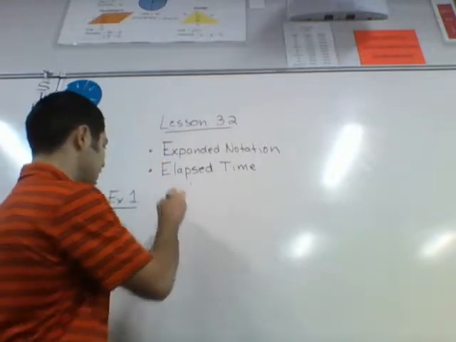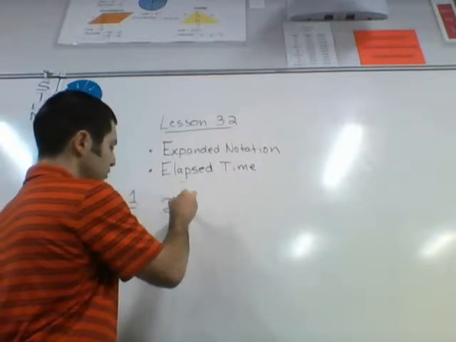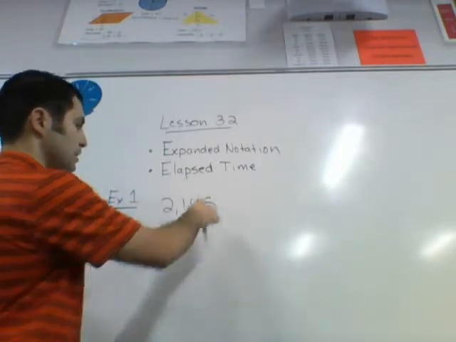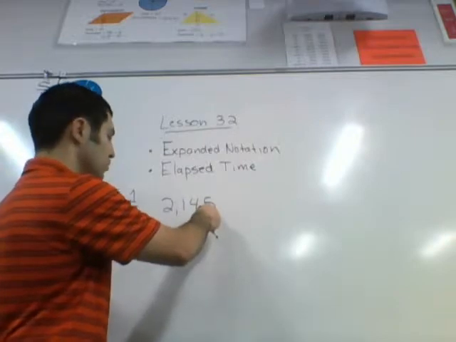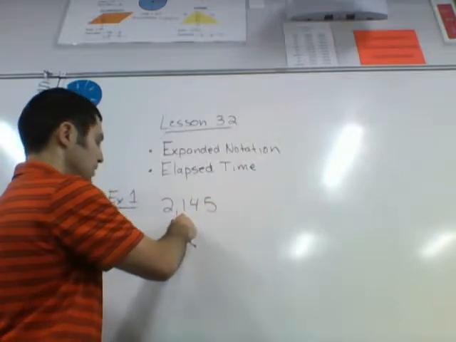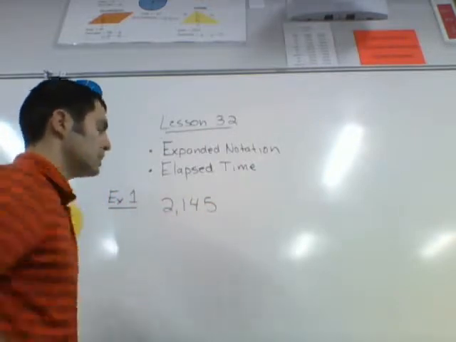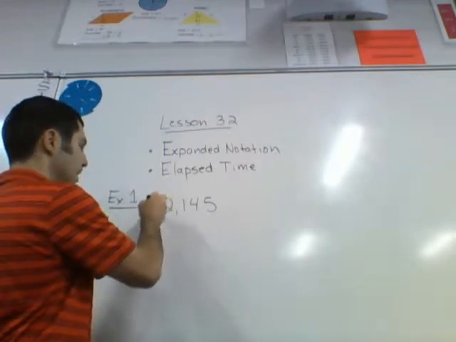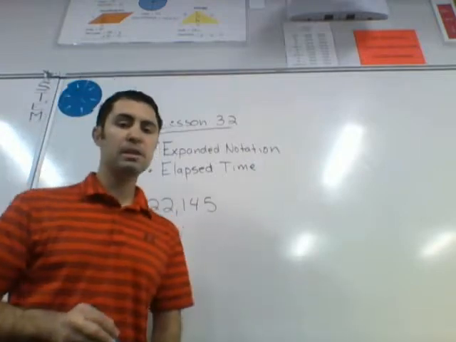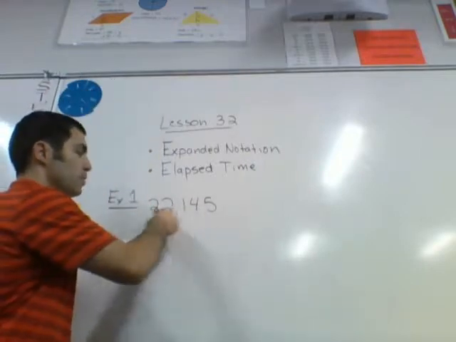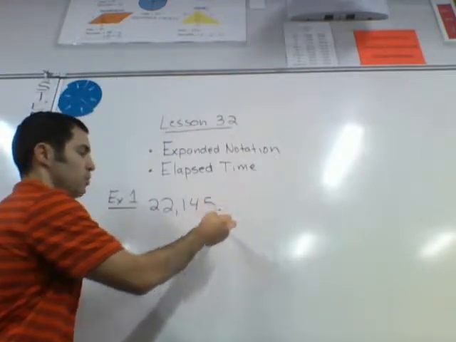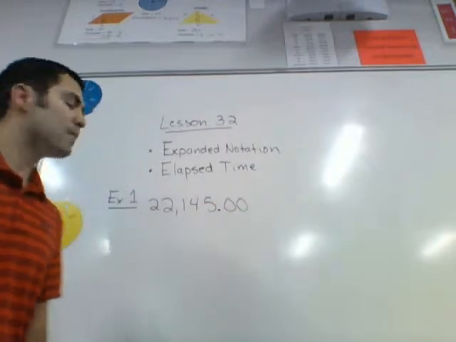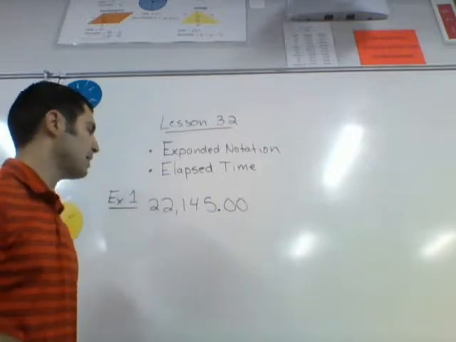So if we have, let's say, 2,145, you have to know that the 5 is in the ones place, the 4 is in the tens, 1 is in the hundreds, 2 is in the thousands place. If the 2 were in the 10,000s place, it would have a completely different meaning. Where the digits are in relation to the decimal point determines their value. That's why they call it place value. Where they're placed determines their value.